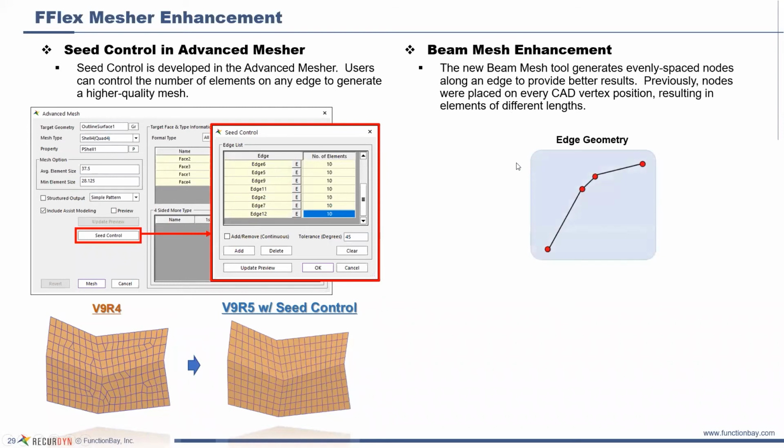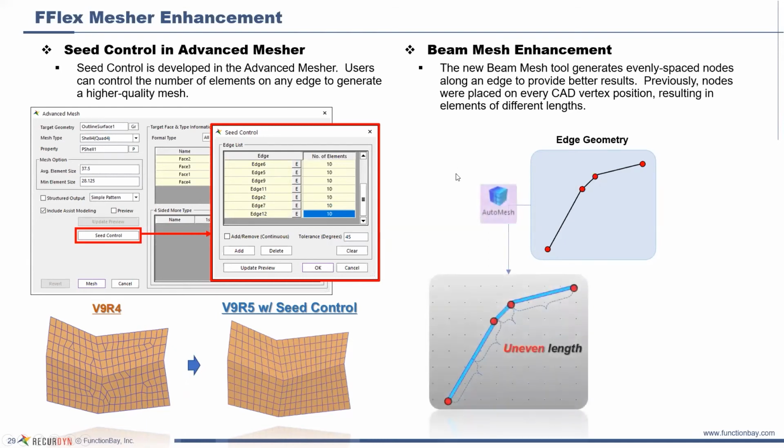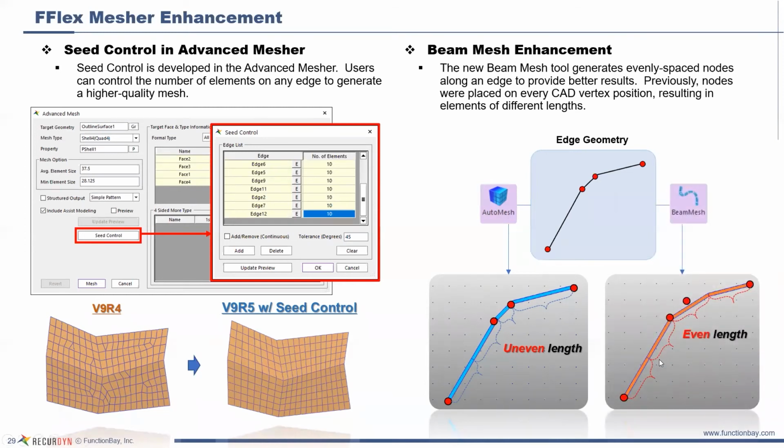If we start out with a particular edge geometry that has certain vertices in the middle of the edge that are not evenly spaced, in previous versions of RecurDyn, RecurDyn would always use those vertices as node positions, and so the resulting mesh would have uneven element lengths. But in V9R5, this new feature will create the nodes evenly spaced.